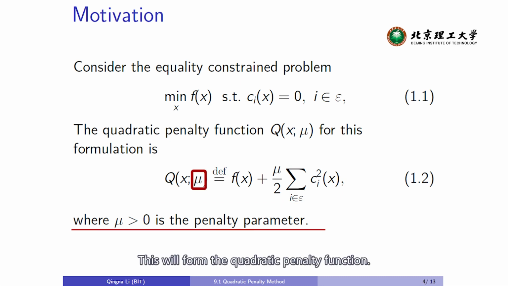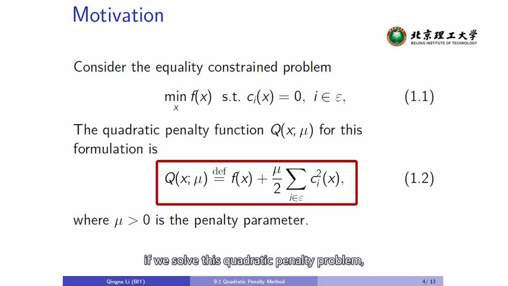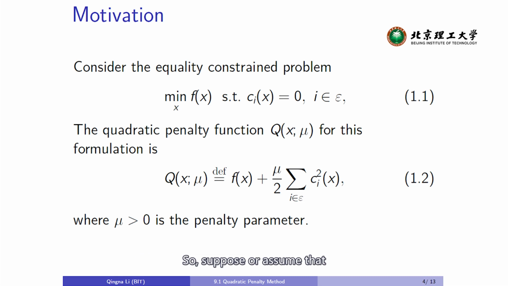So this forms the quadratic penalty function. In other words, if we solve this quadratic penalty problem, then we may reach a function value. However, this solution may violate the constraints. Suppose that we drive the penalty parameter mu to infinity, then we can see that we will restrict the solution to be in the feasible set. Okay, so this is the idea of the quadratic penalty method.